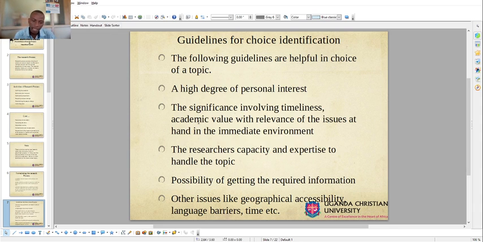Such as capacity and expertise to handle the topic. I've told you, you have interest, but what if you have interest but you don't have capacity? Then you leave the area still. So you should have the capacity and expertise to handle the topic.